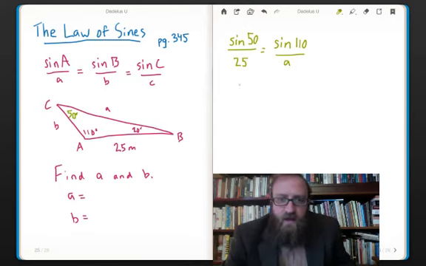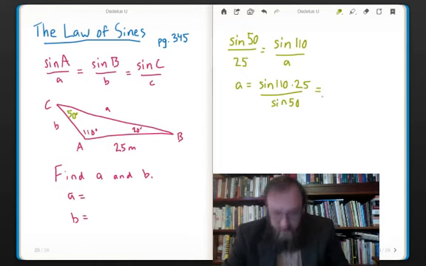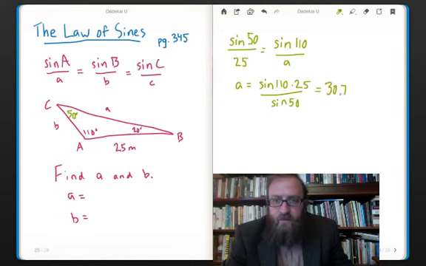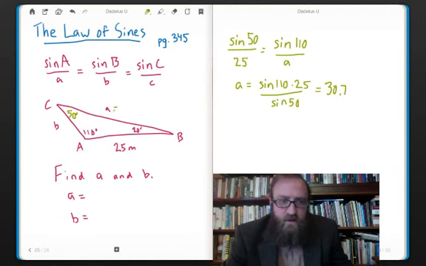Then when we cross multiply and divide, we'll end up getting A equals the sine of 110 times that 25 divided by the sine of 50. And you can plug this into your calculator. Be sure you're in degrees. And for A, we get 30.7. Right? So that means that this here is 30.7, right?